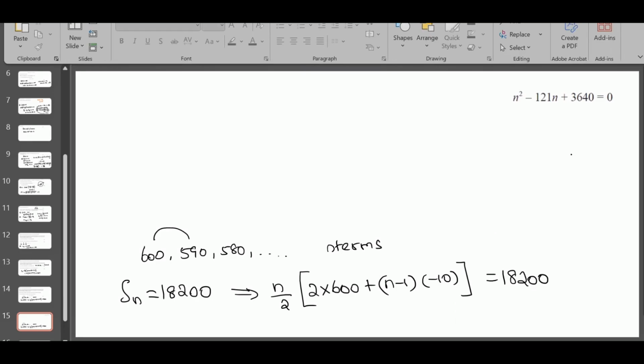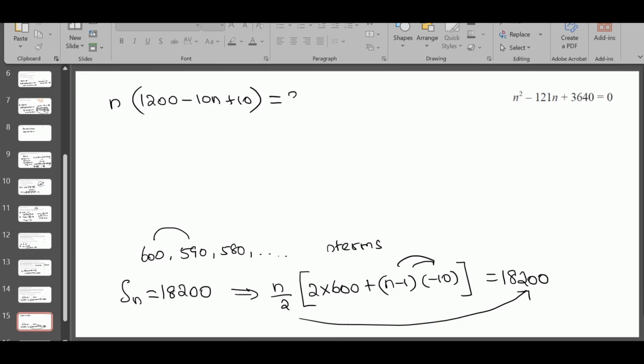So bring the 2 to the other side. So n times 1200 plus, when you open the bracket, you will get minus 10n plus 10, is equal to 36,400.